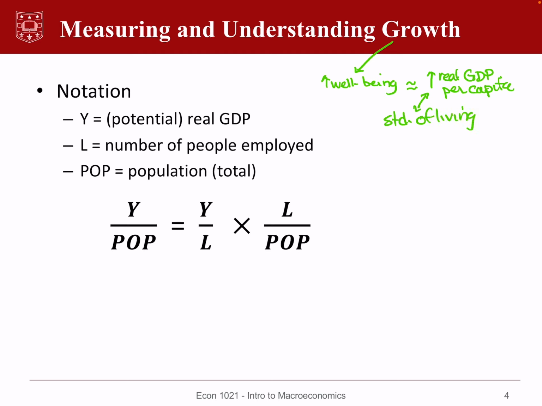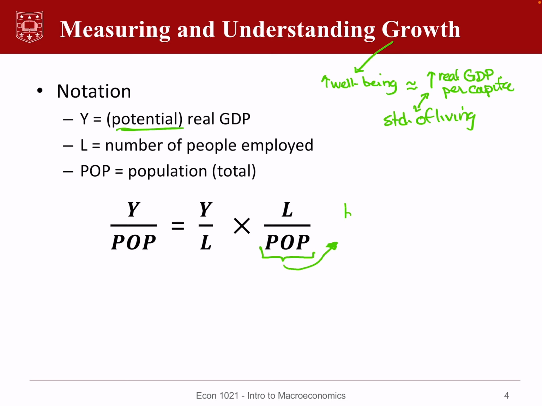And again, our focus here is on the long run, so we're talking about potential gross domestic product. We noticed in the last class that if we disaggregate or split apart GDP per capita into these two components, there's a limit to how much labor and population growth can contribute to improvements in our standards of living.